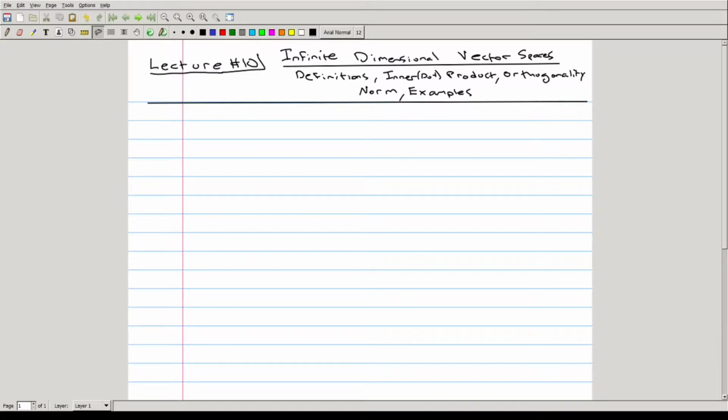So to begin, let's start by defining what a vector space is.